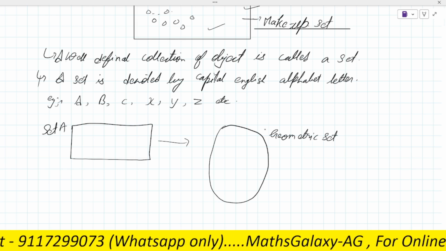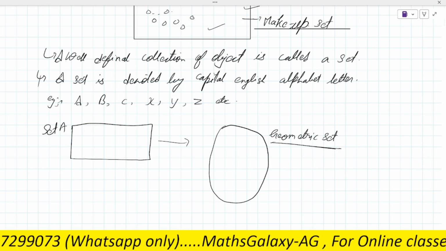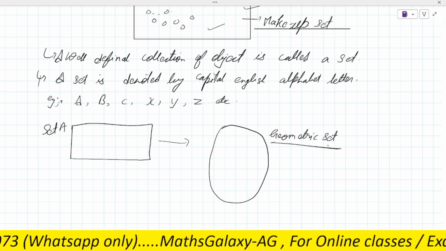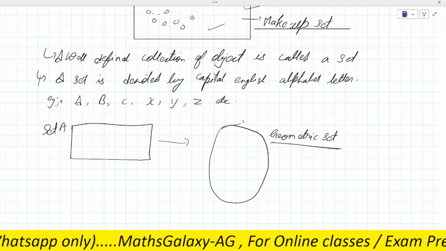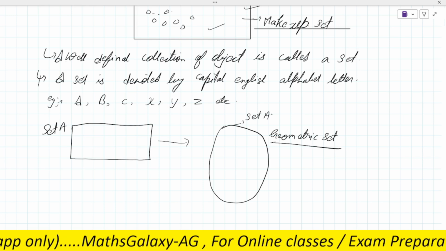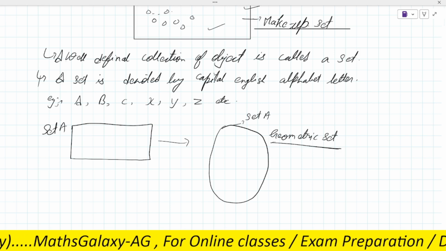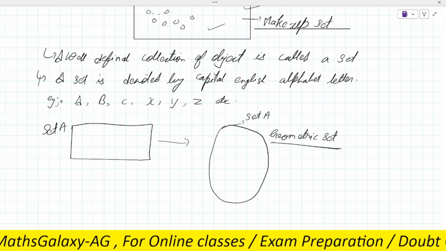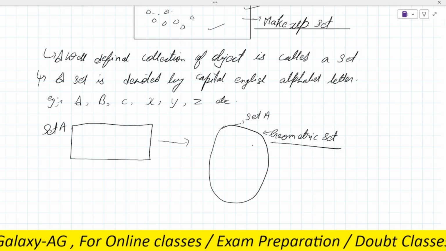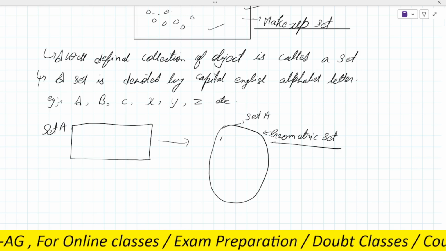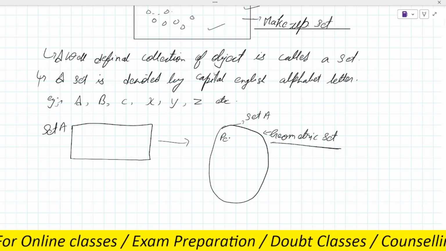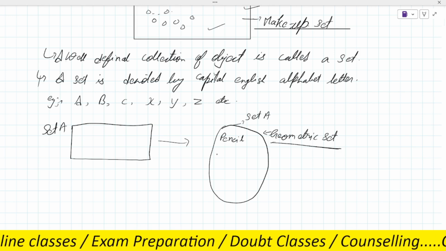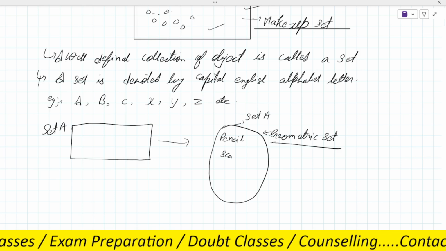Or if we don't know the name, we can just say set A, set B, set C, set X, set Y, set Z. Here this is the geometry set, so it contains some elements, some objects, like pencil, scale.